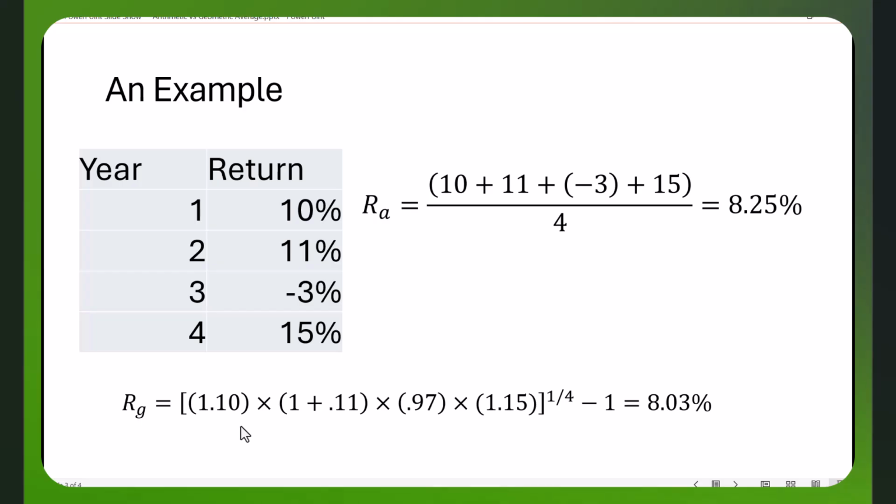So it's going to be 1.10 times 1.11 times 1 plus negative 0.03, which would be 0.97, times 1.15, and then we raise it to the 1/4 power and subtract 1, and we get 8.03%. So the fact that the geometric average is always lower than the arithmetic average, unless they're all the same, and these are not all the same, holds true.